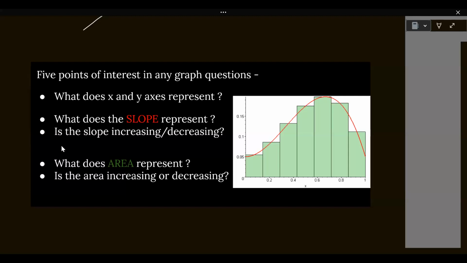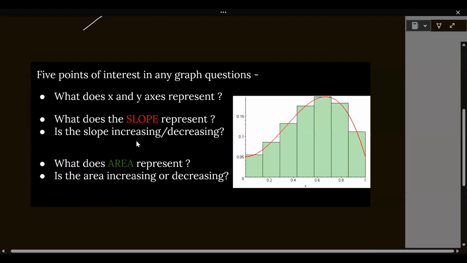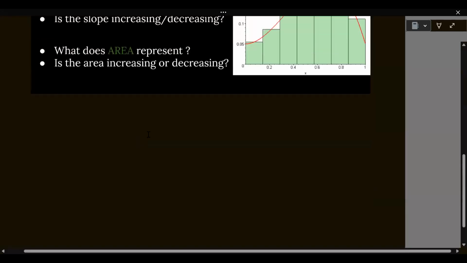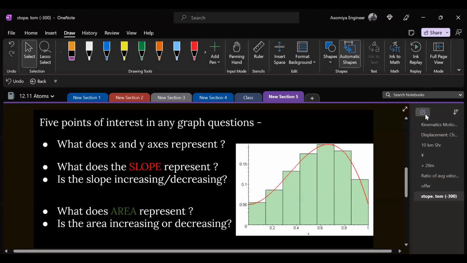I hope everybody has written this down. Now let us take a graph and let us ask ourselves all the questions, and I'll tell you how to answer these questions. Okay, guys, so you're ready? Let us first take the first graph that comes up.